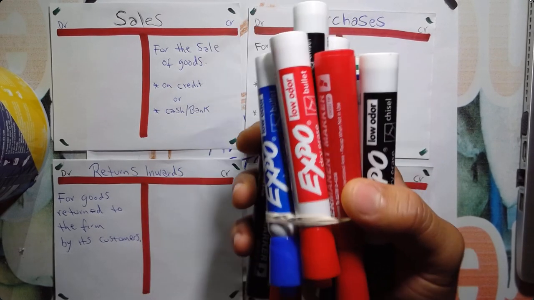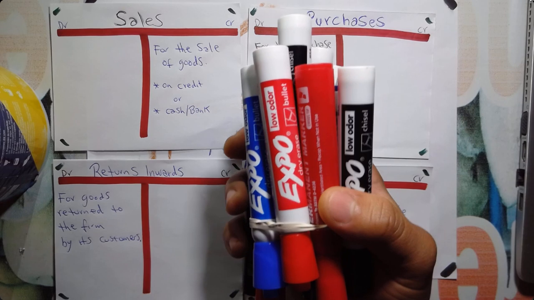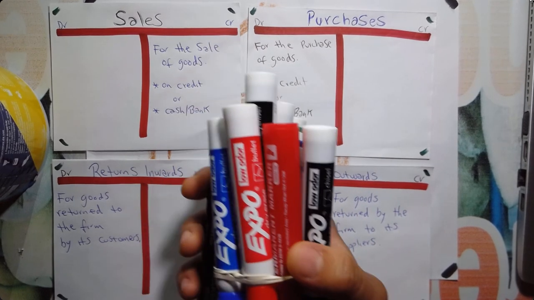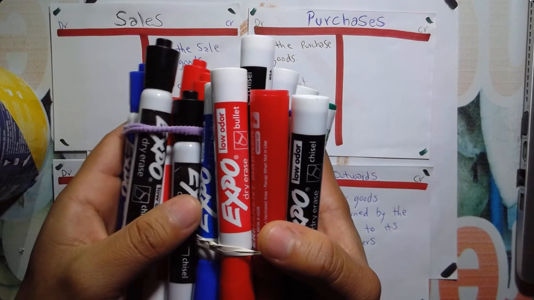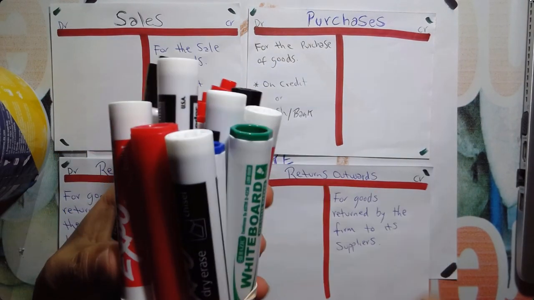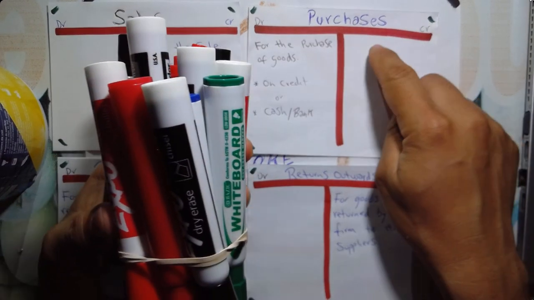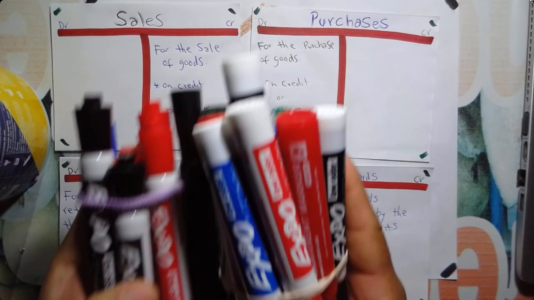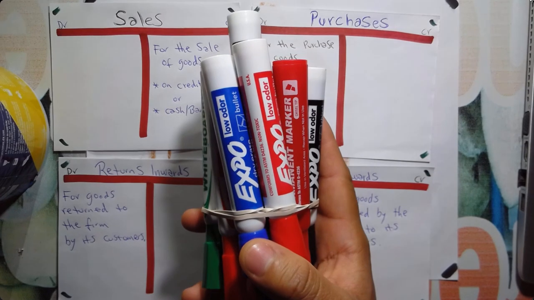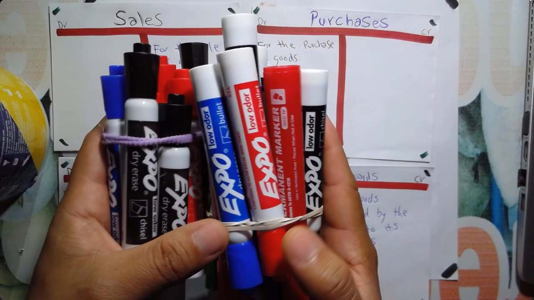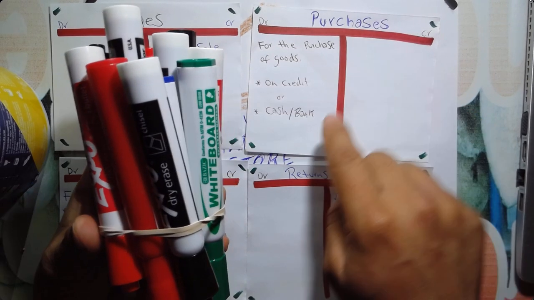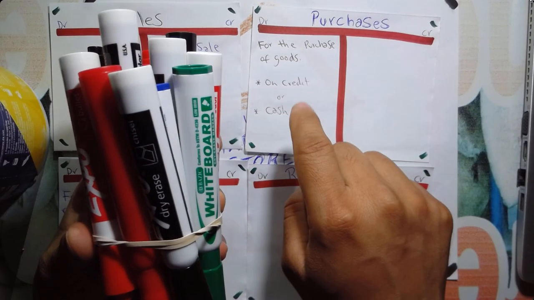Similarly, if you have these markers and you want to buy more because you're running low on inventory, when you purchase more, you will use the purchases account. Why will I debit? Because previously I only had these markers, but when I purchase, my inventory will go up again. Purchases is an asset account, so you want to increase that on the debit side.